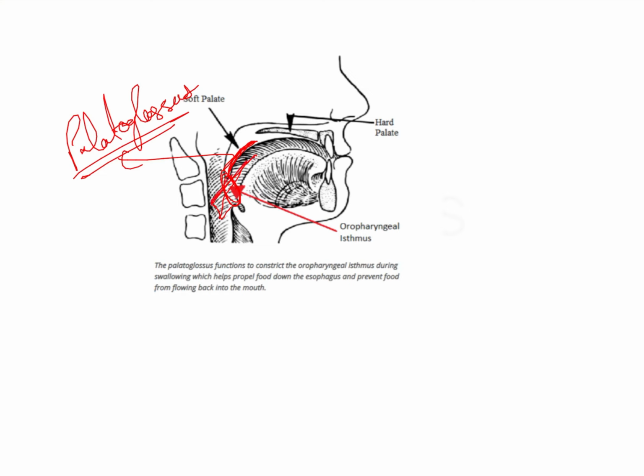So during this, the palatoglossal muscle will be pulling down your palate towards the tongue, and it will be raising the posterior part of the tongue, and both these opposite actions will be narrowing down the oropharyngeal isthmus, and that's how the food will be propelled inside, right? So basically these actions help to propel food down to the esophagus during swallowing, and they prevent food from flowing back into the mouth.